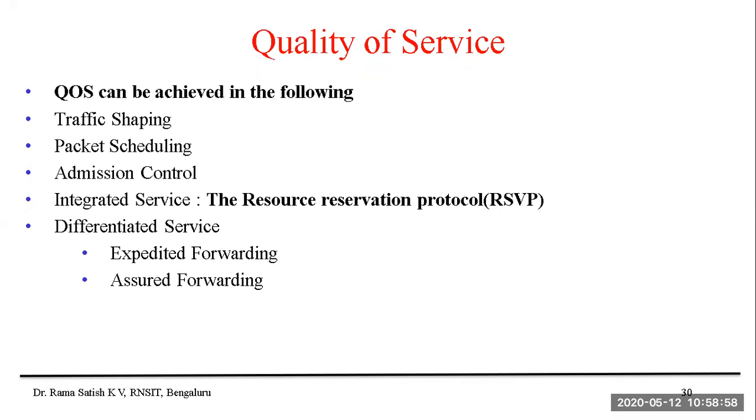Admission control. The third one is admission control. Don't allow the packets to enter into the network itself. Admission, to take admission. Why? Because if more packets are admitted into the network, what happens? There will be congestion. So you don't admit, you stop at the entry level itself.